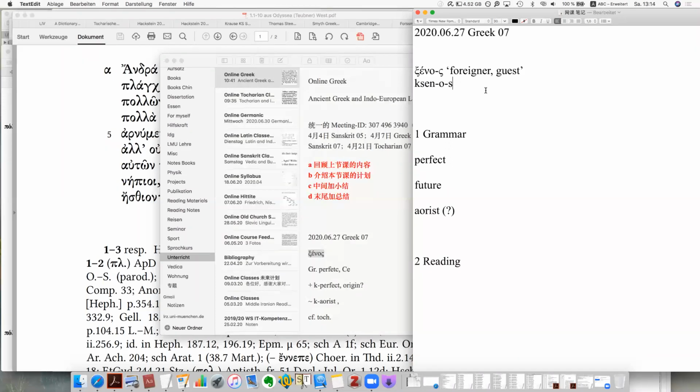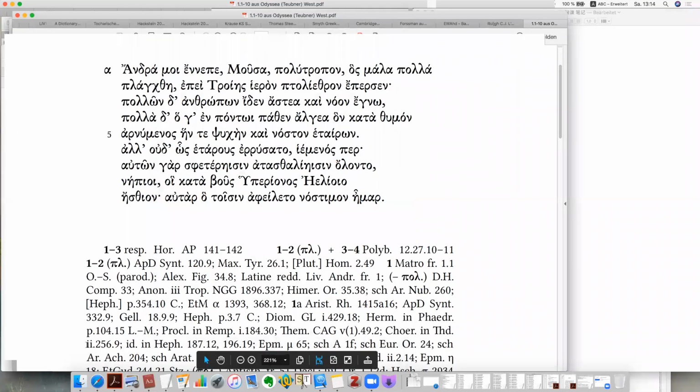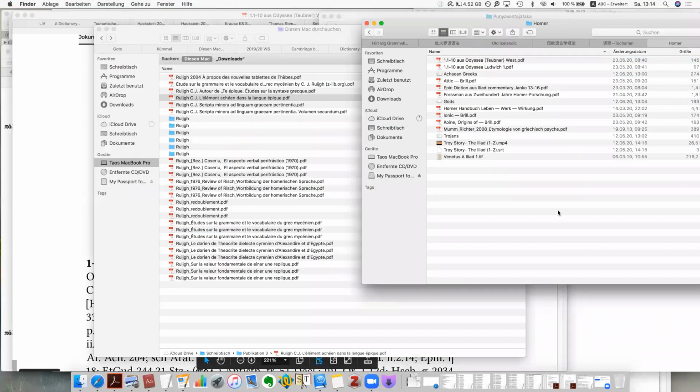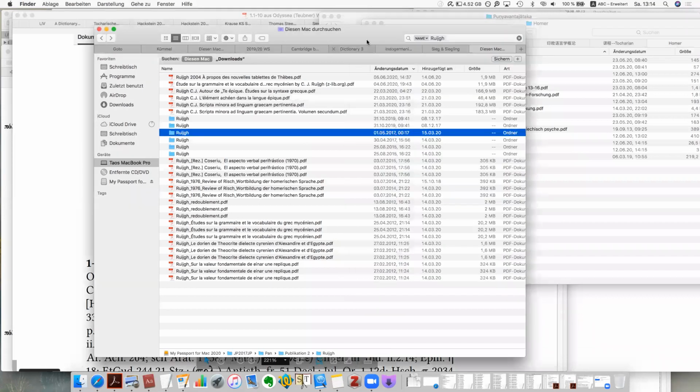If we trace the origin, it's a little bit interesting. There is, I mean, a lot of research on this word. I just want to show you one thing.